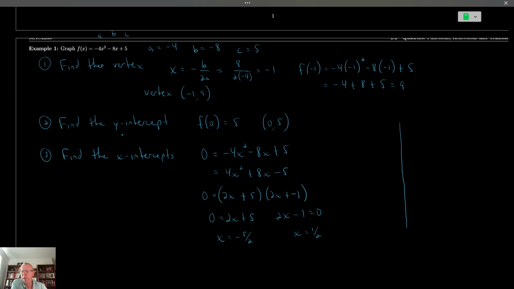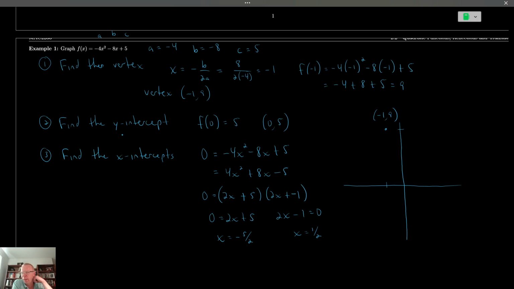All right, so let's plot all these points. When you plot all the points, you will get your parabola. So here's our vertex, negative 1, 9. I won't count up 9 of these, we'll just estimate. I believe on MyMathLab, if you have to graph any of them, it's multiple choice to pick the right graph.